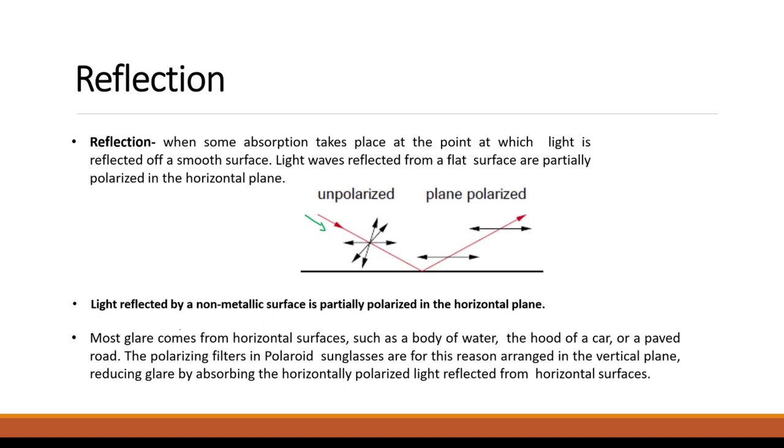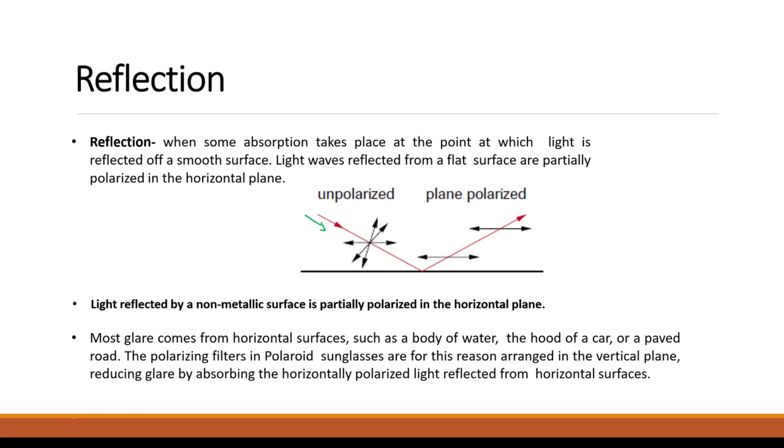And so light reflected by a non-metallic surface is partially polarized in the horizontal plane. And in the real world, a lot of glare comes from horizontal surfaces like a body of water, the hood of a car, or paved road.